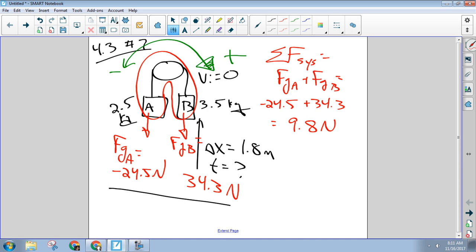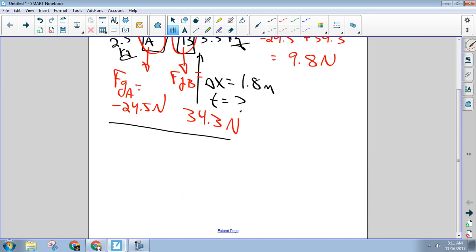Okay. So I ought to be able to now use that to find the acceleration of the system, right? So the acceleration of the system is net force over mass. So our net force is 9.8 newtons. What mass do we use, you guys? 6. Good. Why 6? So it's both of them. Yeah, the whole system, 2.5 plus 3.5, gives us a total of 6 kilograms, right?